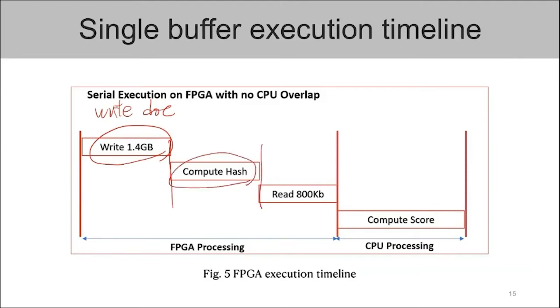After computing, we send the flag array back to the host and make the host compute the score. Why do we make the CPU compute the score? Because the tutorial said if you do it on the FPGA, it doesn't gain anything. So it just sends it back to the host.